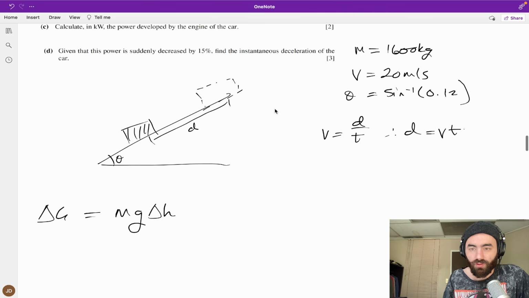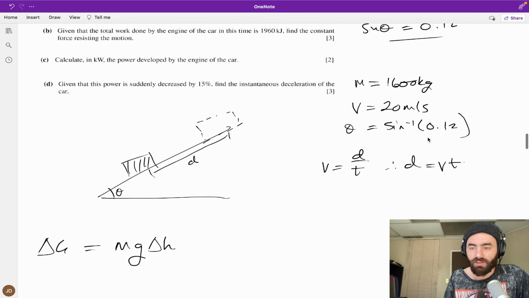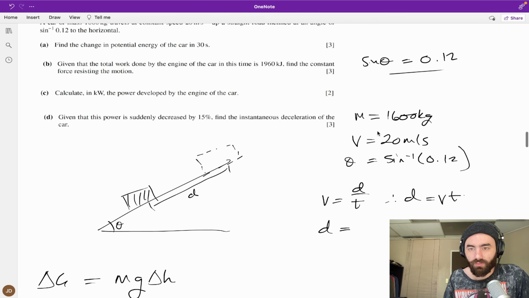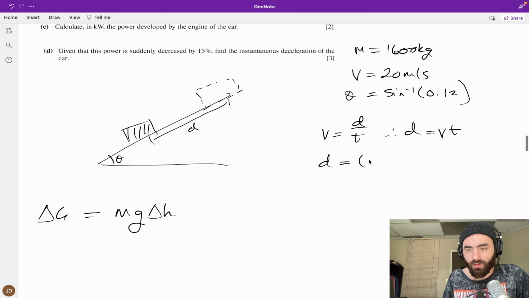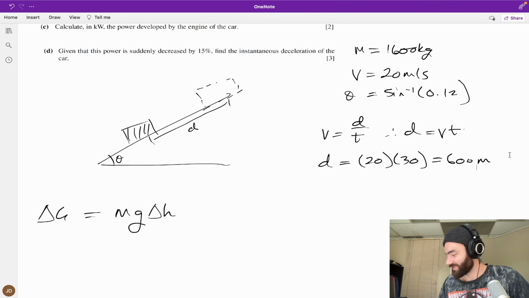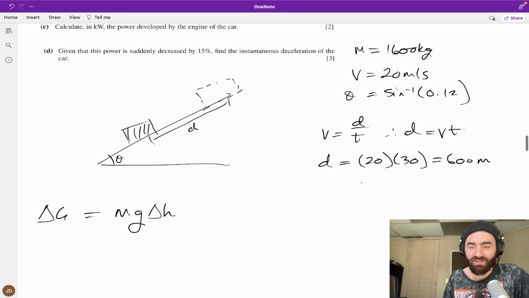It's constant velocity for t equals 30 seconds. Velocity is 20, times 30. The distance traveled will be what? Is that 600? Yeah, 600.